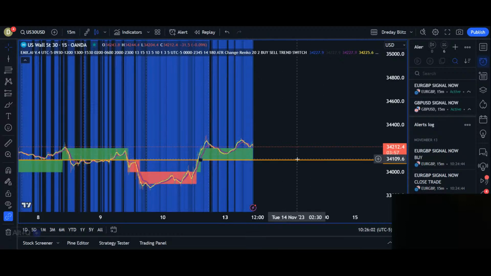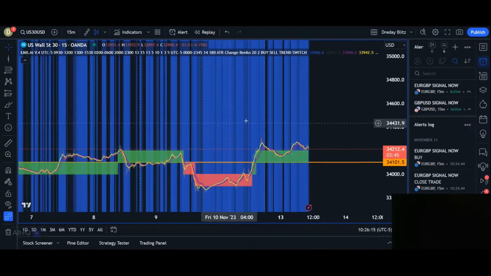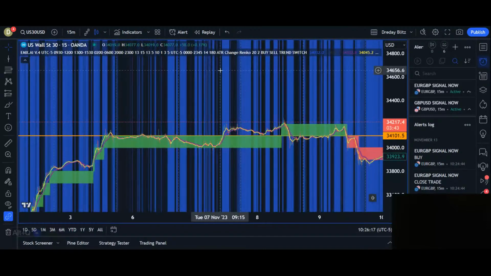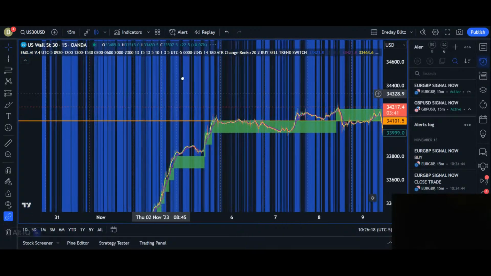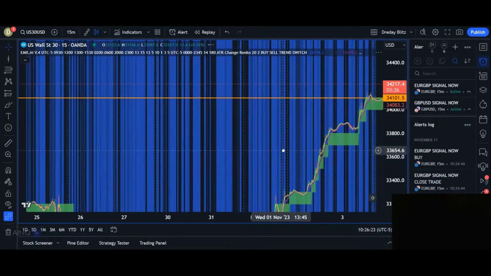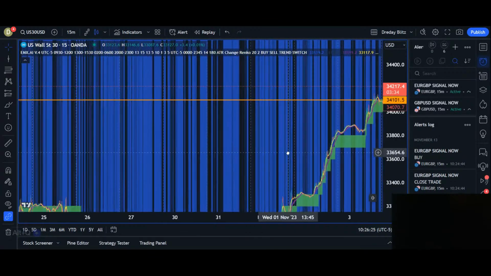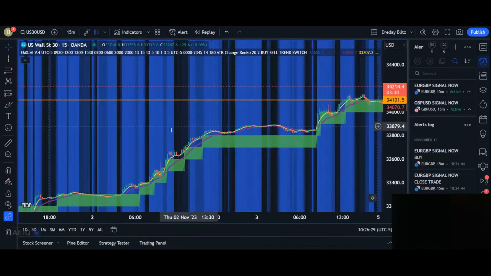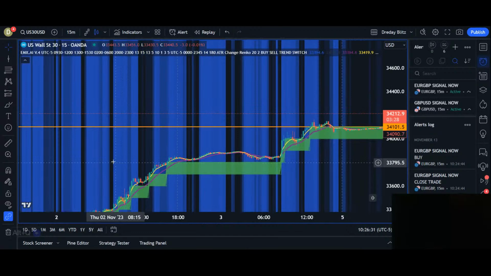So this is the line. So when, let's say, there's another Renko opening, let's say it's going on the, I'm just giving you an example here. Okay, so let's say the market is currently here.